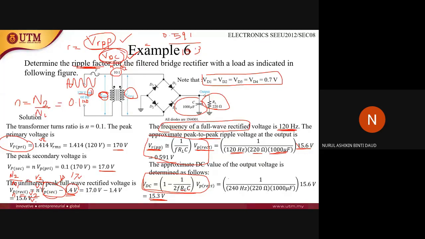So the original we take 120. Yes, the 120. This is why it is 240, because it is times 2. The original is 120 for this one. For VDC, the formula is 2 times 2, so that's why it becomes 240.